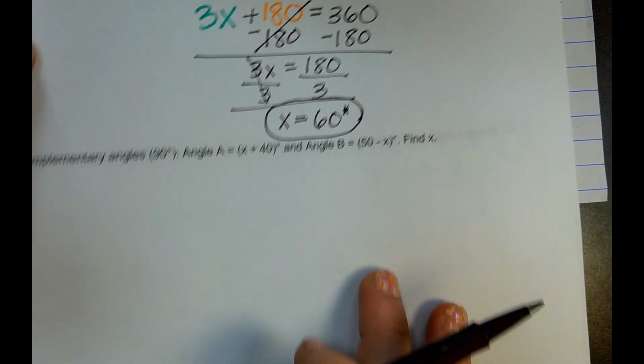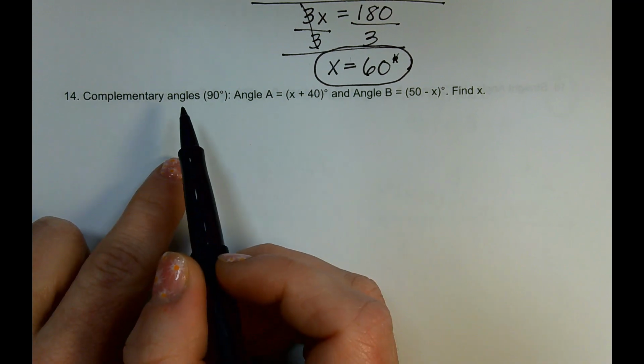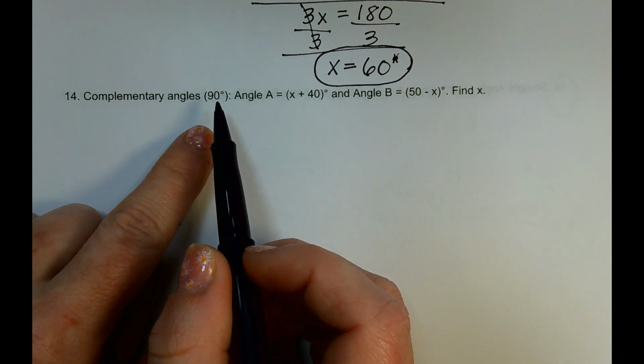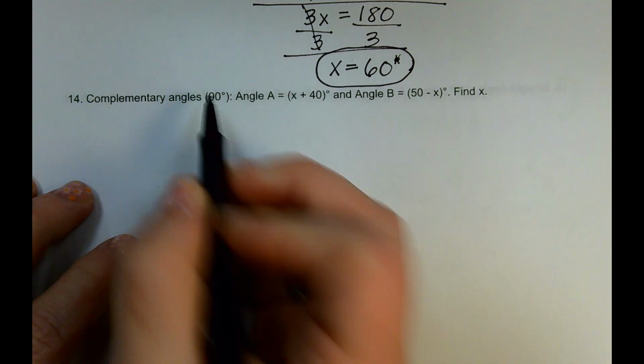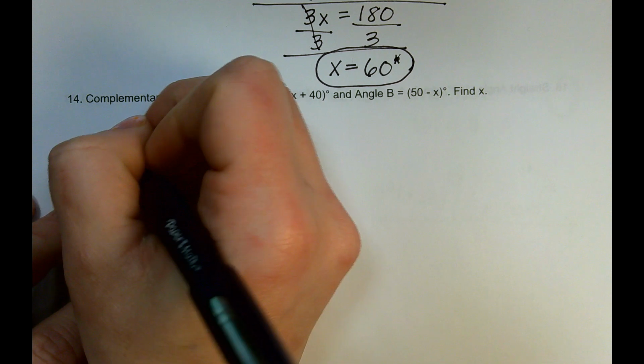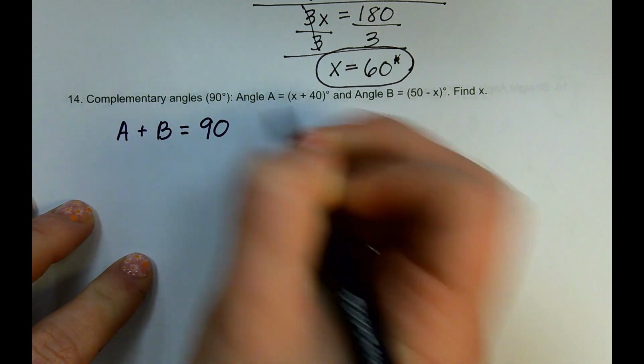Okay, so then 14 is the same? Yes, that's what we just did. So just for kicks and giggles, we'll work it out. Complementary is 90, so instead of setting it equal to 180, we're just setting it equal to 90. So A plus B equals 90.